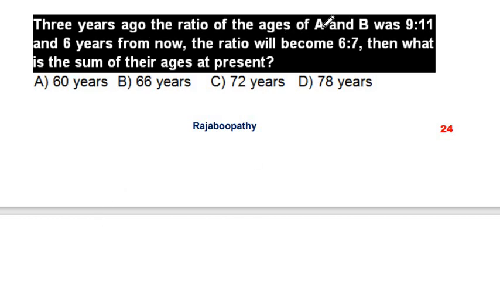3 years ago, the ratio of A and B was 9:11. So 3 years ago, they were 9x and 11x. And 6 years from now, so from 3 years ago it is 9 years, 6 plus 3.